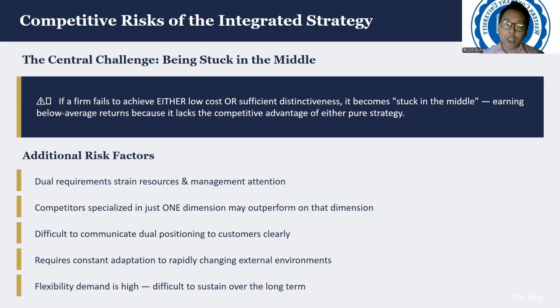You need TQM, total quality management, to cut costs without sacrificing quality. If any of these capabilities weakens, you drift toward the middle. The bottom line is that this strategy can work brilliantly, as demonstrated, but it demands disciplined, continuous execution on two fronts simultaneously.